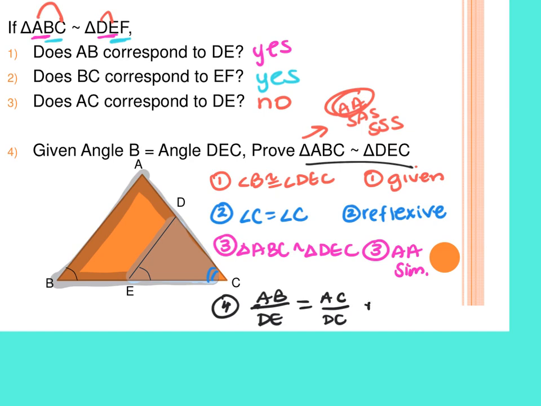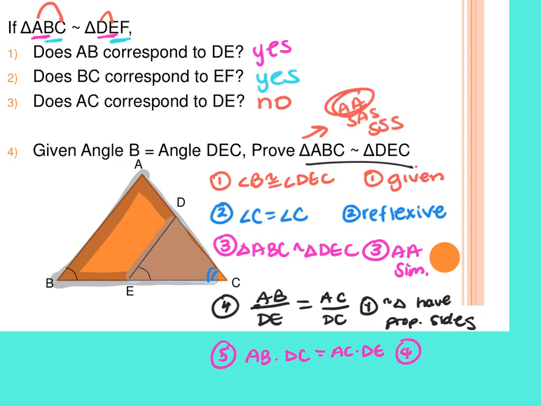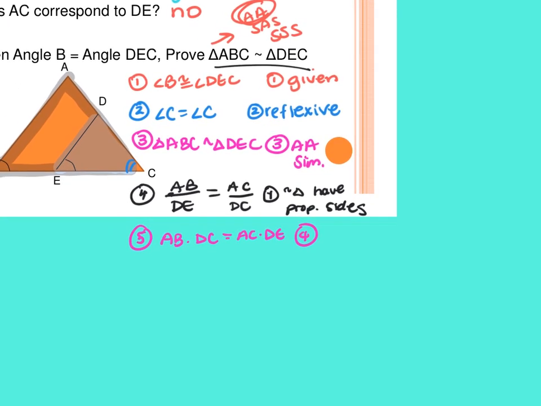And this would be similar triangles have proportional sides, or definition of similar triangles is fine. You could even go a step further than that and say AB times DC equals AC times DE. And that's the cross product property, or extreme means extremes.